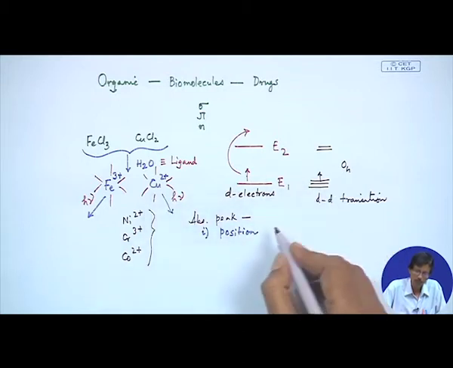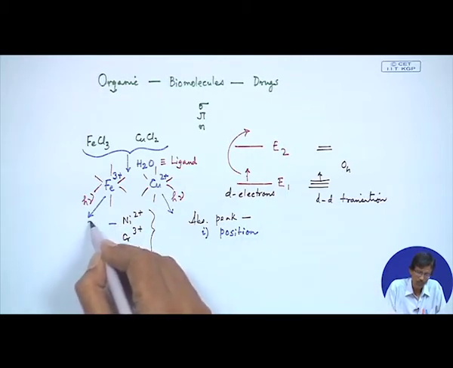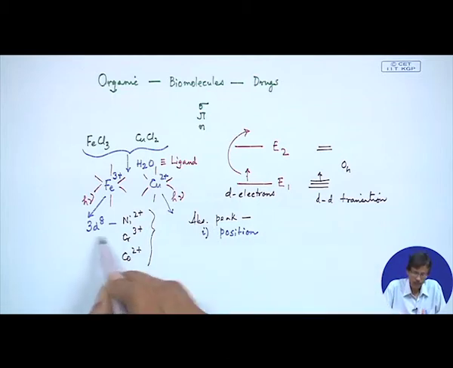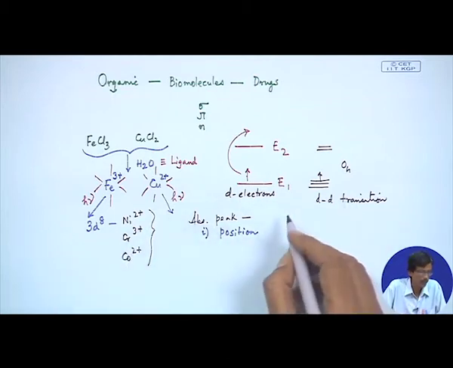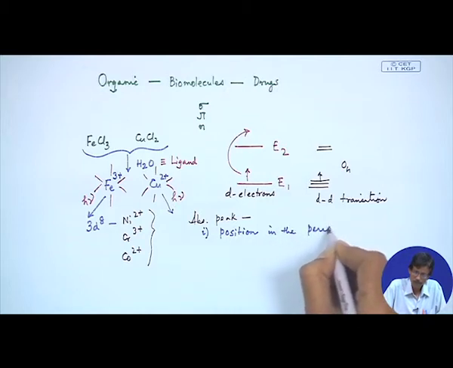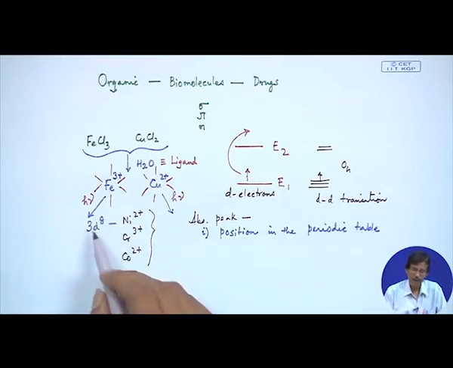We all know that Ni2 plus is conventionally a 3d8 system. So, the position in the periodic table is important. That tells you that in the bivalent state it will have 8 d electrons.